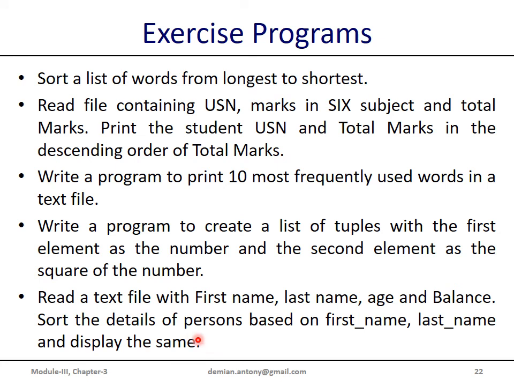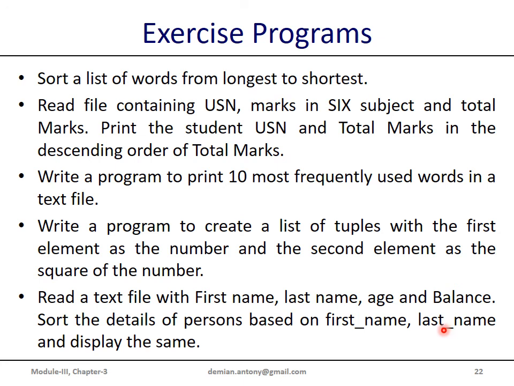And this is another file related program, files with the tuples and lists. You read a text file having 4 columns: first name, last name, age and balance. Read the file line by line. Create a dictionary with the composite key, first name and last name.